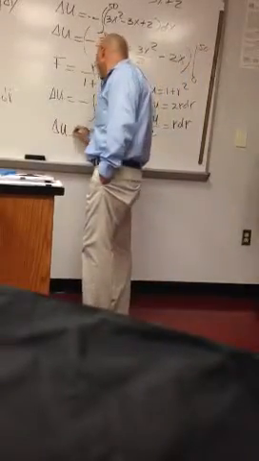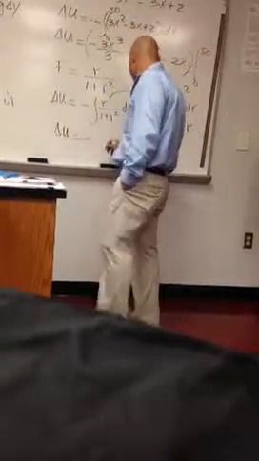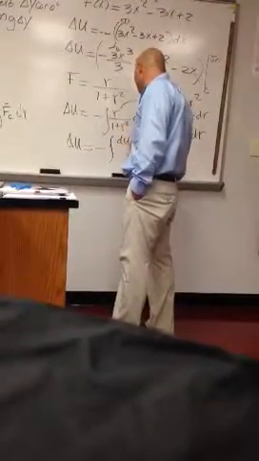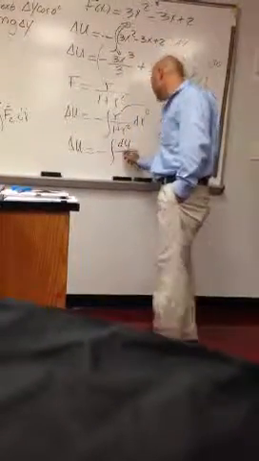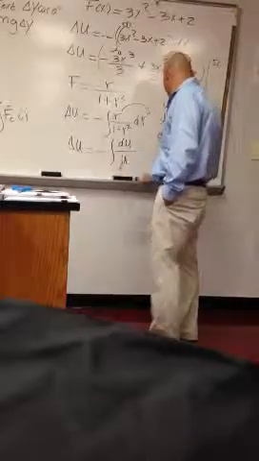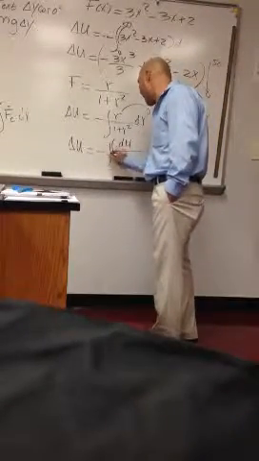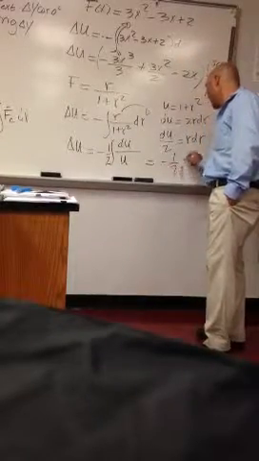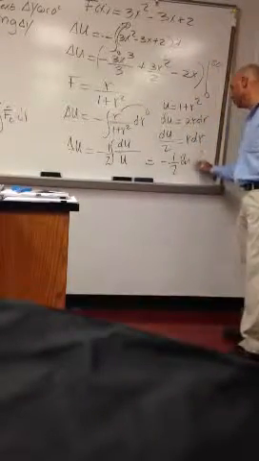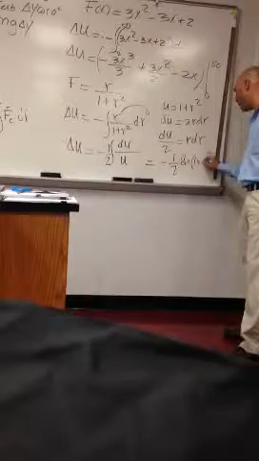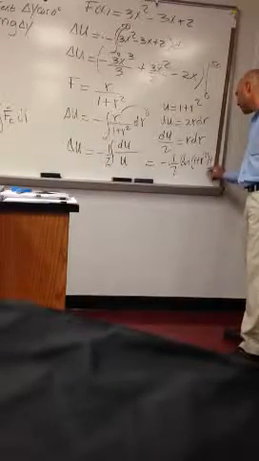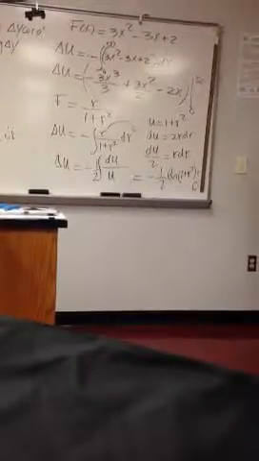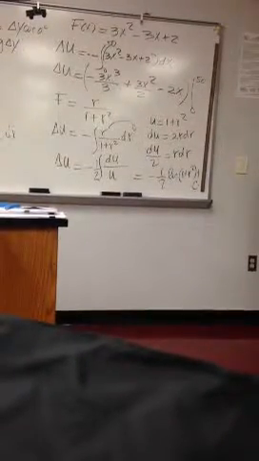My delta U will be equal to negative the integral of du over u, times 1/2. So this will be negative 1/2 ln of u, which is 1 plus r squared, plus c. Is that correct? You don't put the absolute value. No, because this is an even function.